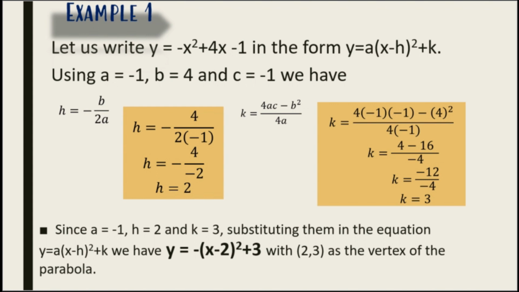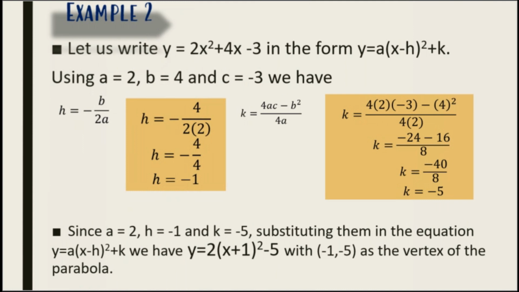So we get the standard form of y is equal to -x squared plus 4x minus 1 is y equals negative quantity x minus 2 quantity squared plus 3. So that is the first example.